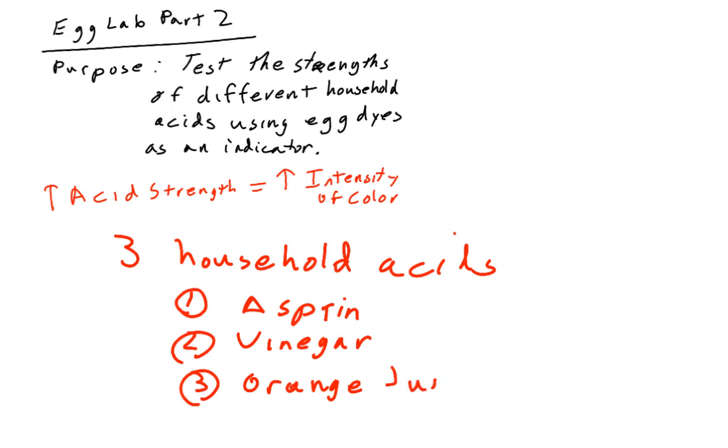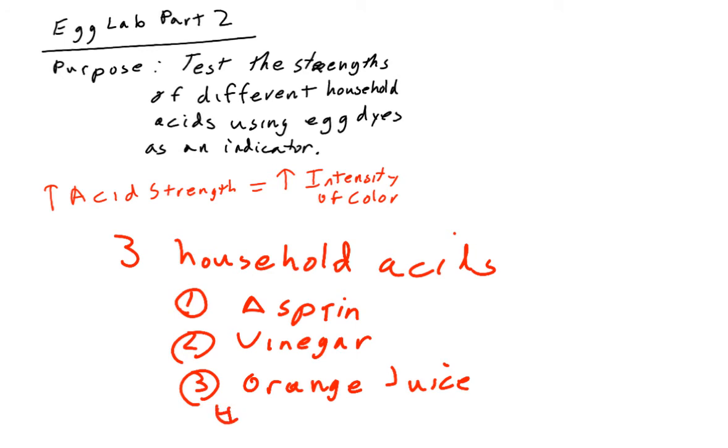If you're allergic to orange juice, and yes, people are allergic to orange juice, I'm actually allergic to orange juice, believe it or not, obviously don't use orange juice. Let me know if you have something you want to substitute there instead of orange juice. So, 3 household acids: aspirin, vinegar, and orange juice.